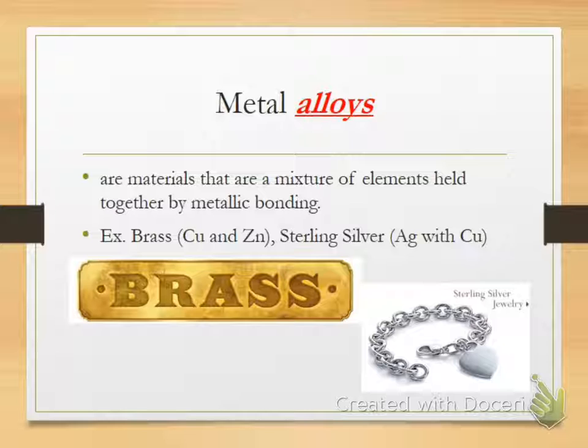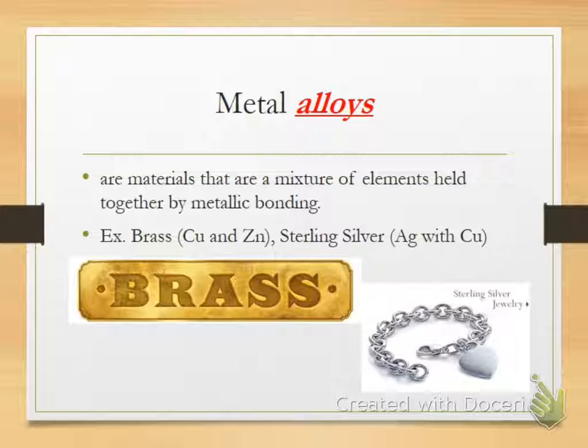Okay? When we talk about compounds with metals, we usually call them alloys. That's things like brass, sterling silver, bronze. Those are all alloys. Okay? And I think that's left off your notes, so I would add it in. Metal alloys are mixtures of elements held together by metallic bonding.